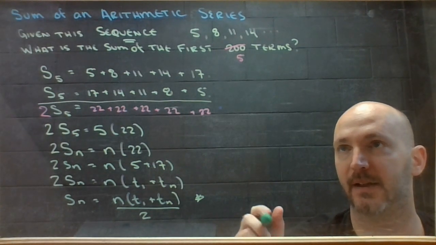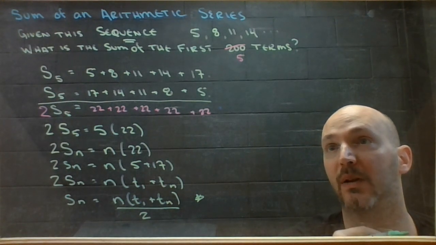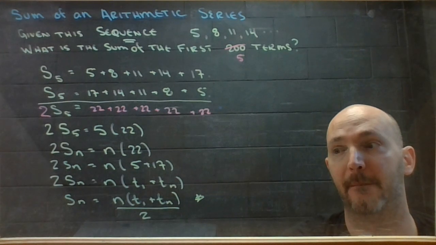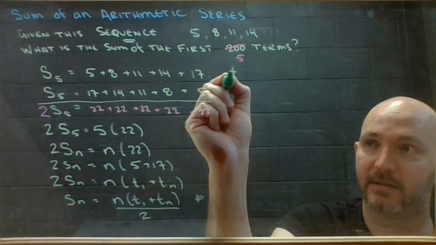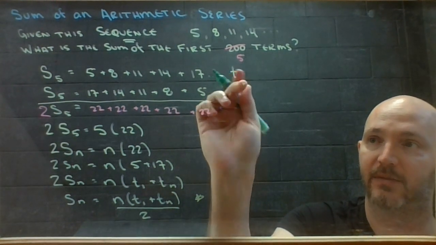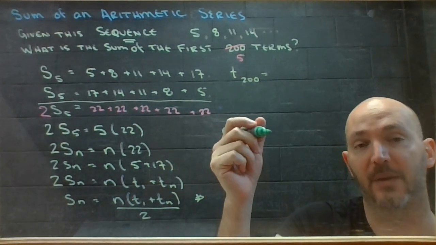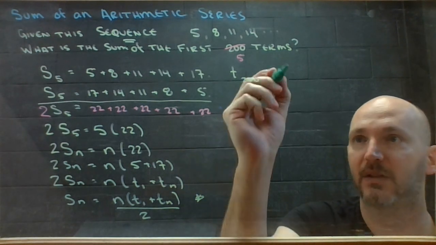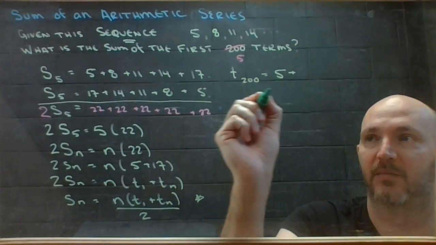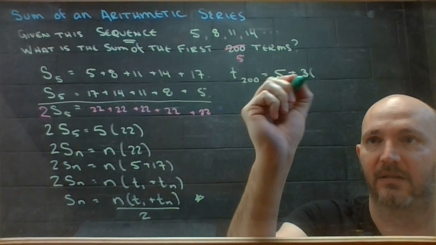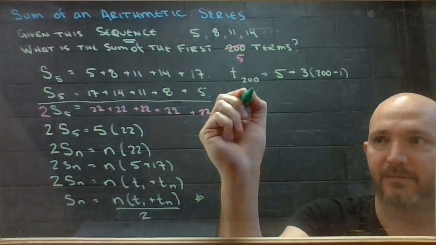All right, now in this particular example, I don't actually know what term 200 is. Well, I could do this two ways. I could actually get the value of term 200 using the formula from the general term of an arithmetic sequence video, which was the first term, which is 5, plus the jump, which is 3, multiplied by the number of terms, subtract 1.